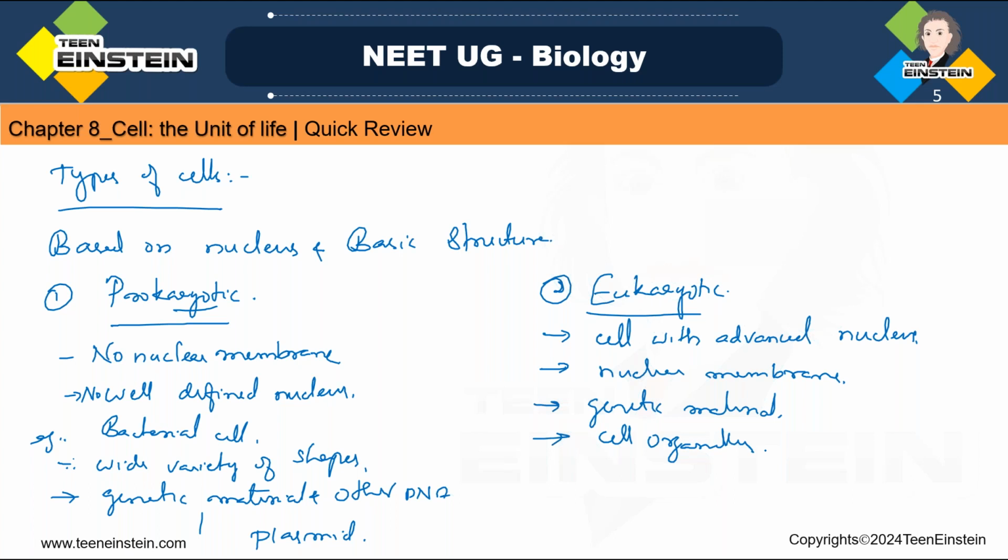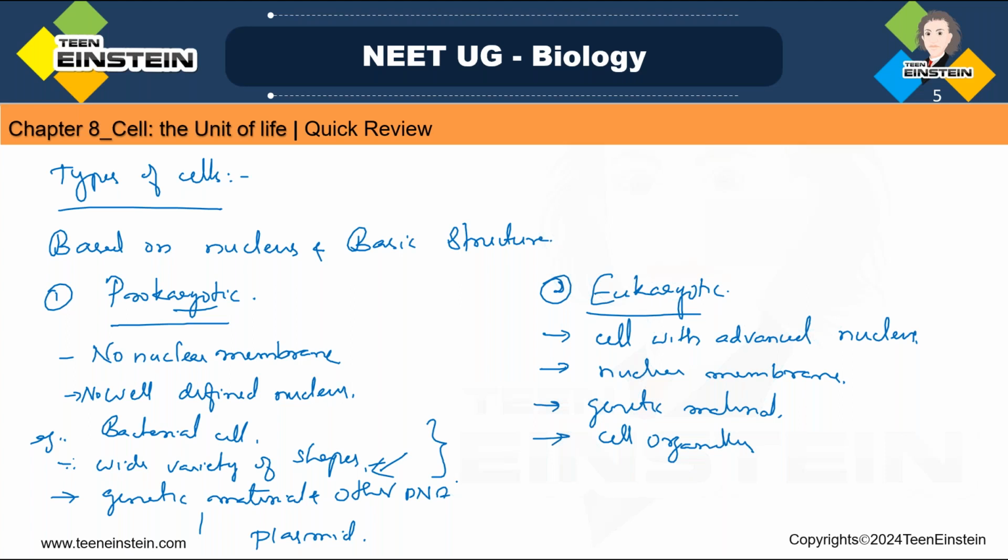Clear? From this you can make out and write the difference between prokaryotic and eukaryotic cells. Here we are mentioning the bacterial cell structure and the plasmid DNA, and the antibiotic resistance of that plasmid, a special feature we utilize in bacterial transformation techniques.